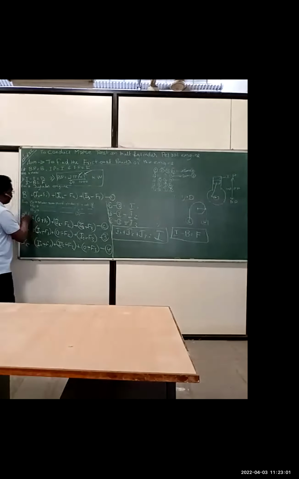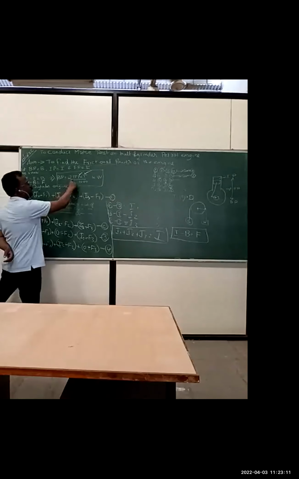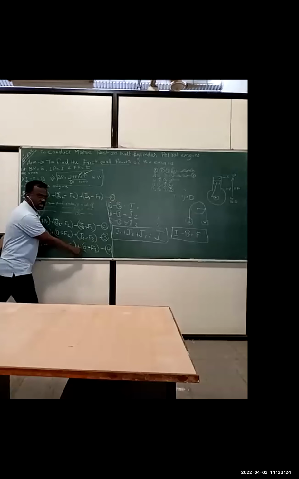Okay. So when you switch on all the spark plugs and measure the brake power of the engine, you will get this B. What is this? You measure the brake power using this formula when cylinder number 1 is cut off. What is this? You measure the power when cylinder number 2 is cut off. What is this? You measure the power when the third cylinder is cut off.